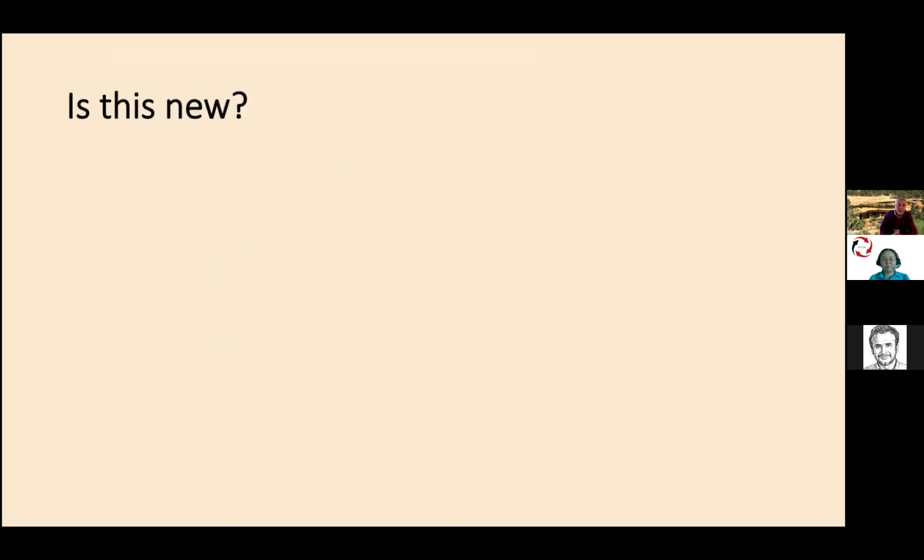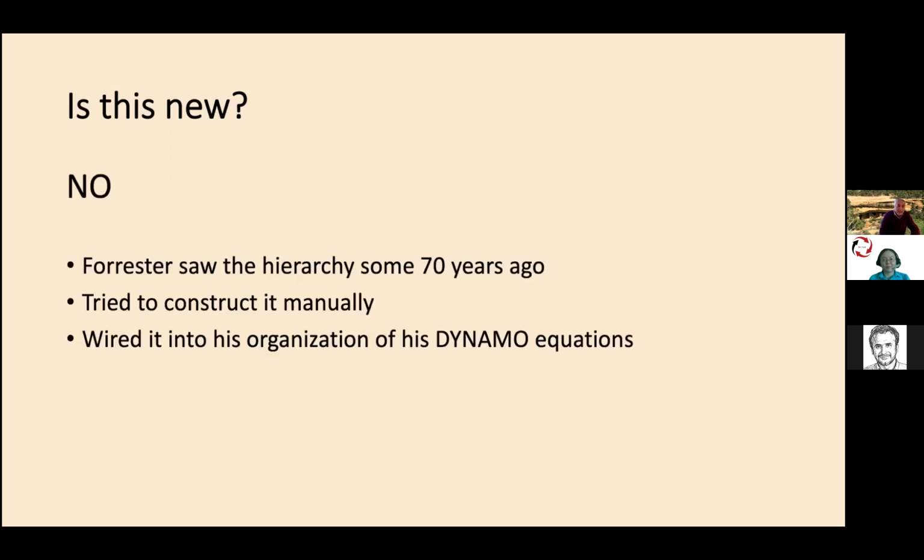Now, the question is, is what I'm saying new to system dynamics? What do you think? Is it new? Actually, my answer is no, it's not new. In fact, Forrester saw this hierarchy some 70 years ago, and he tried to construct it manually because software was not available to do this.